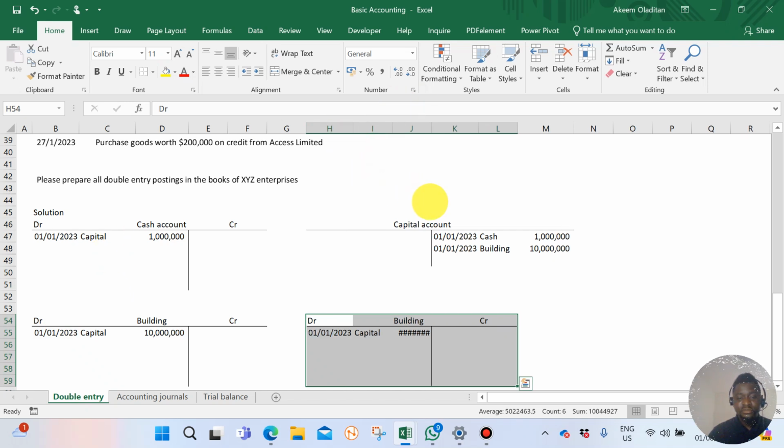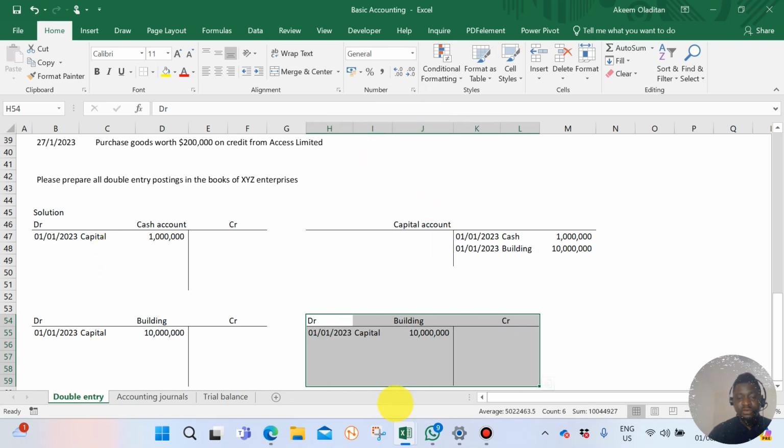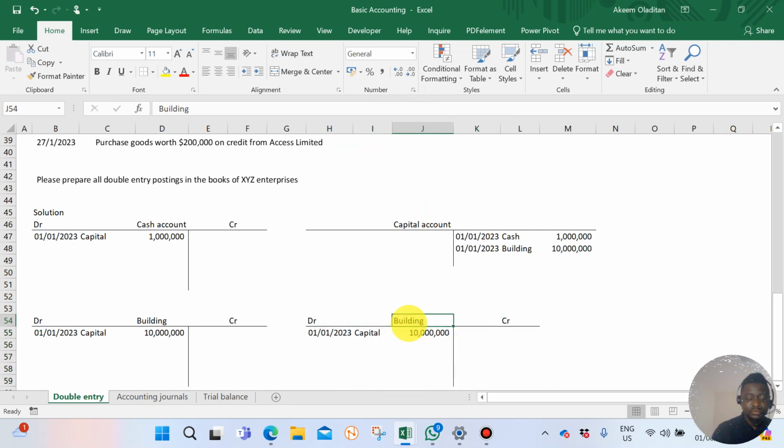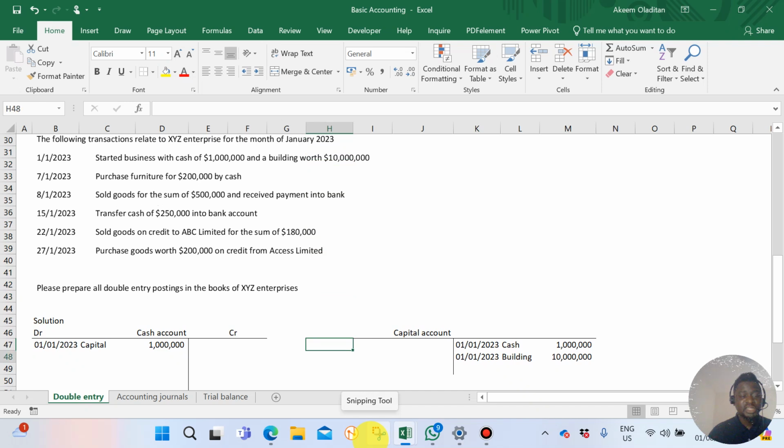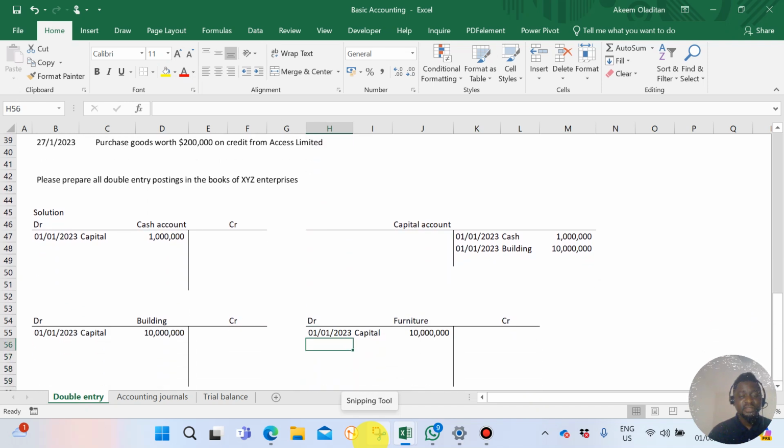I'll call this one furniture. In this furniture account, what's the date of the purchase of the furniture? Date is really important in accounting, so it's 7th of January. I'll change this one to 7th of January.